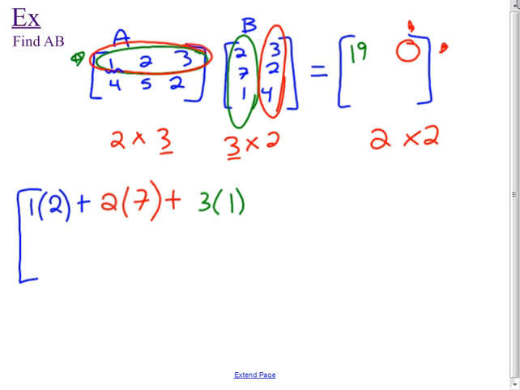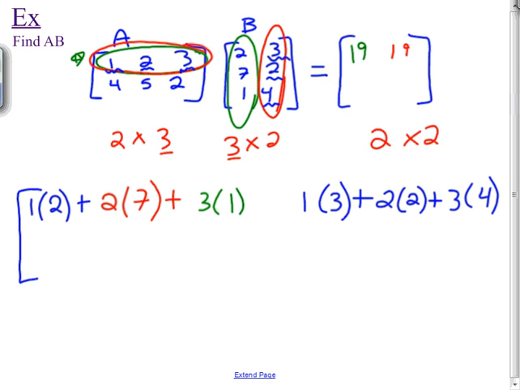First element times first element. 1 times 3. Plus, again, we add within each of them. 2 times 2. Plus 3 times 4. Again, that gives me my top right space. And it happens to be 19 as well.